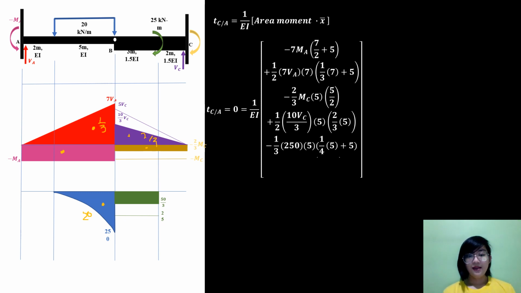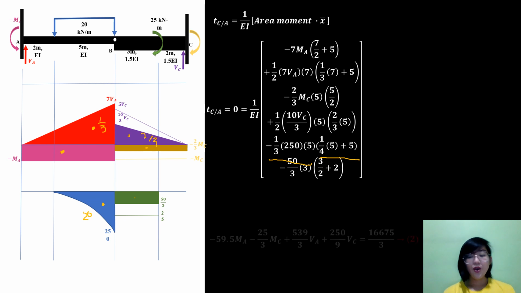Plus, eto pa. Kasi, di ba, sa C yung reference line natin. So, ulitin ko, negative 1/3 times 250 times 5. This one is the area, and this one is the moment arm. 1/4 times 5 plus 5. Okay? So, simplifying the equation, wait lang, sorry. May isa pa. This one, itong isang rectangle na to, we have negative 50 over 3 times 3 times yung moment arm niya, which is 3 over 2 plus 2.